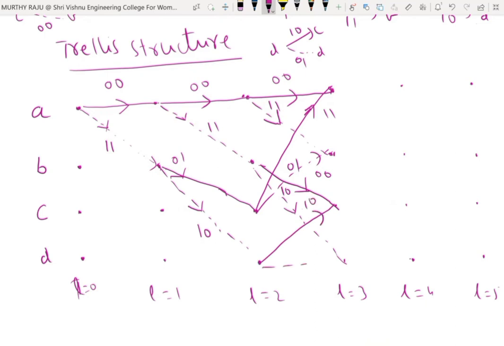D to D, 0 1. Next one, A to A, 0 0. Here A to B, 1 1.